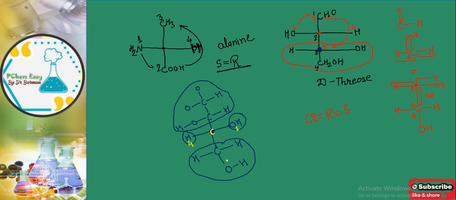Now, out of this and this, which will get priority? Here is a carbon, here is a carbon. Now, what we will have to do? We will have to see the next one. So, as you can see, this is the group having hydrogen. Is it common here? Yeah, carbon and hydrogen also present here.